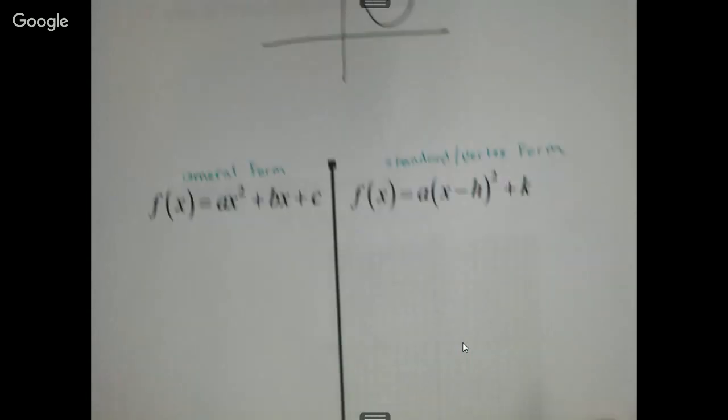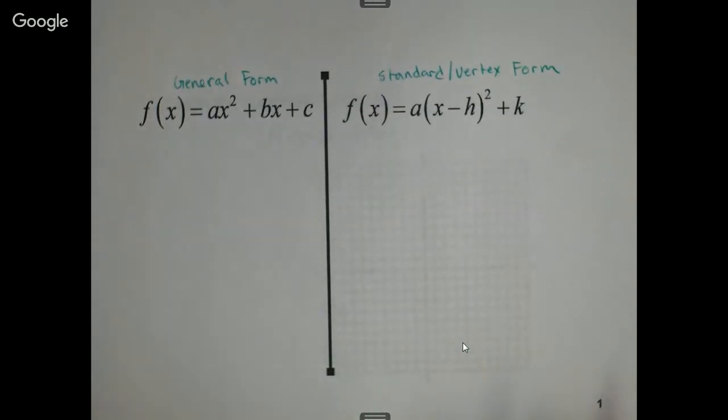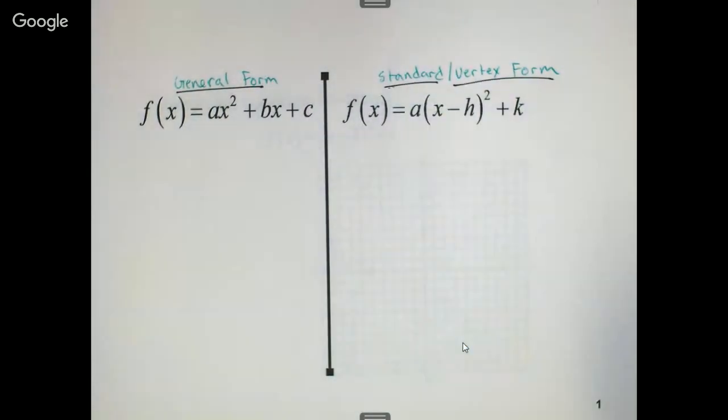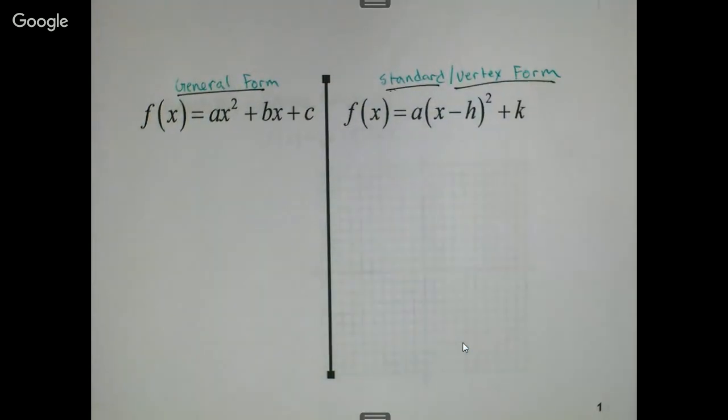There are two forms of a parabola. We have the general form and the standard or vertex form. I tend to call this one the vertex form; the book refers to it as the standard form. The general form is ax squared plus bx plus c.